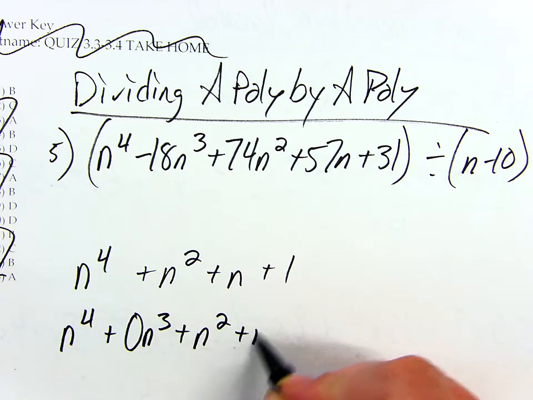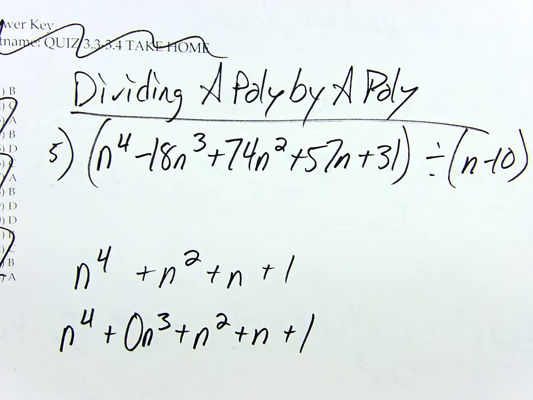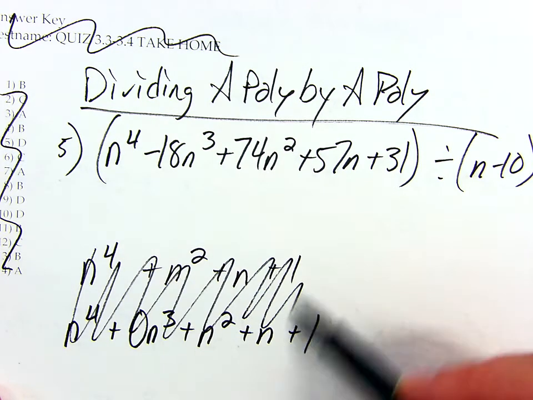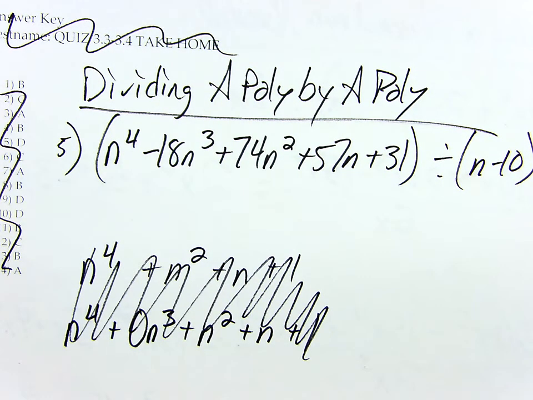Every exponent needs to be represented. Whichever the highest one is, you start there, and every single one below that needs to be there. So if you're missing one, you have to plug in a 0 placeholder. And you'll see why in just a minute. So we'll do an example, and I'll make sure we do one that is missing an exponent.